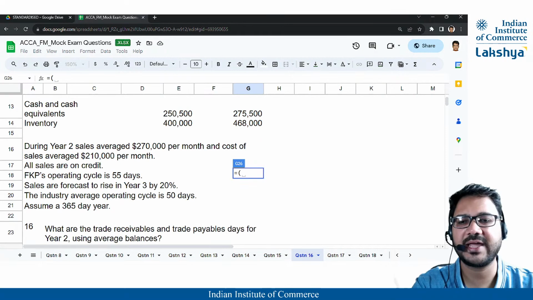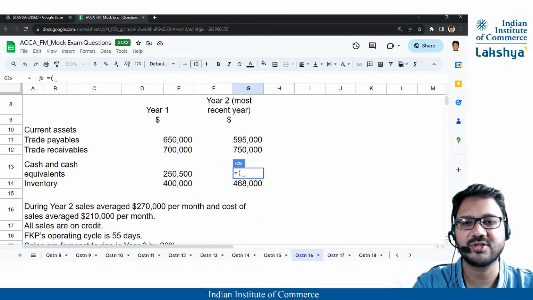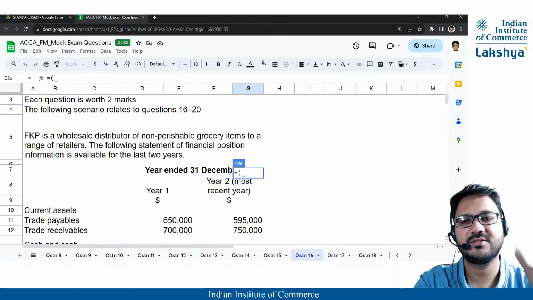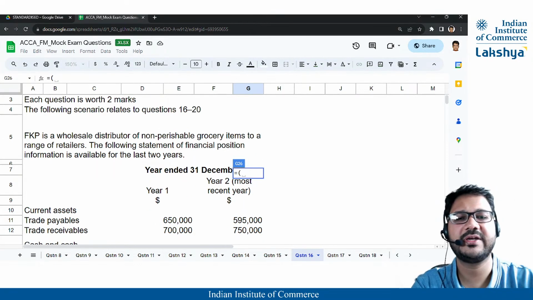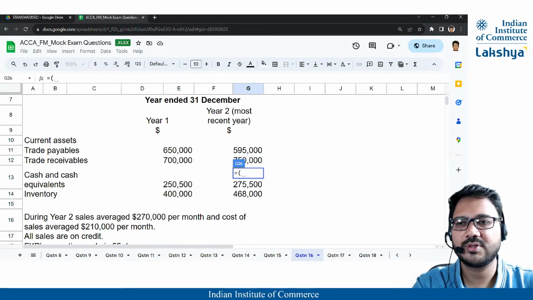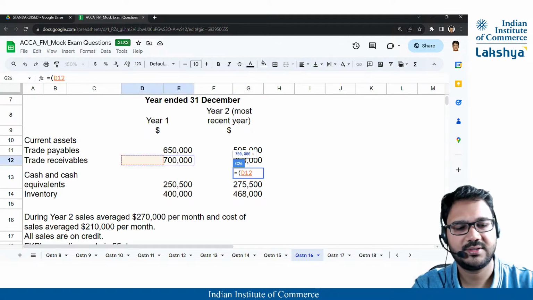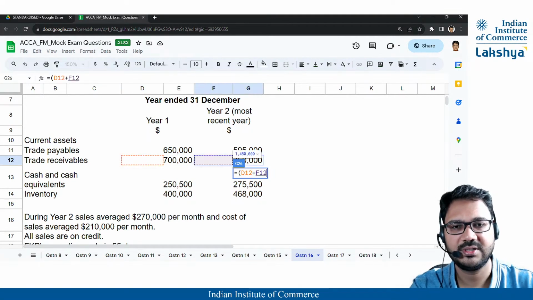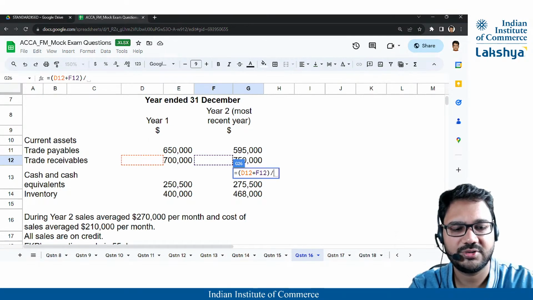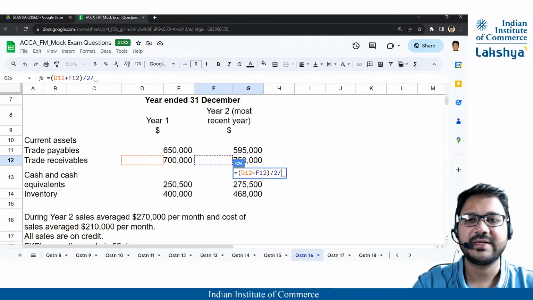Now they have said average receivables, based on average balances. So average we'll take opening plus closing divided by 2. Right, so we are taking this plus this divided by 2. Okay, the whole thing divided by credit sales.